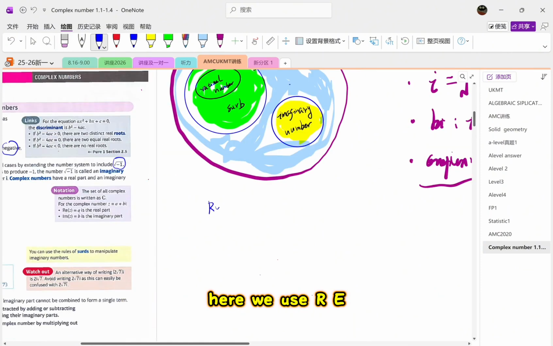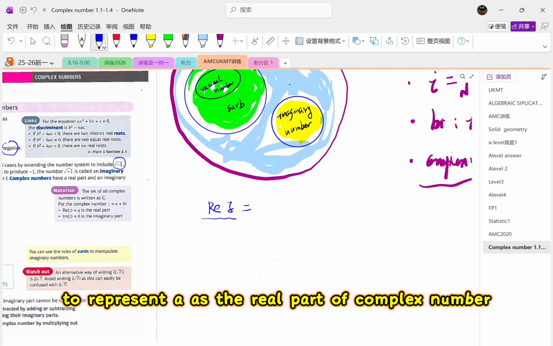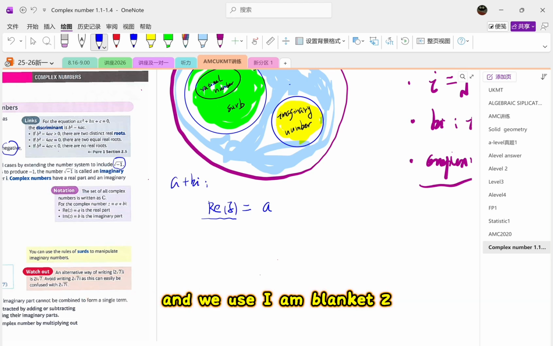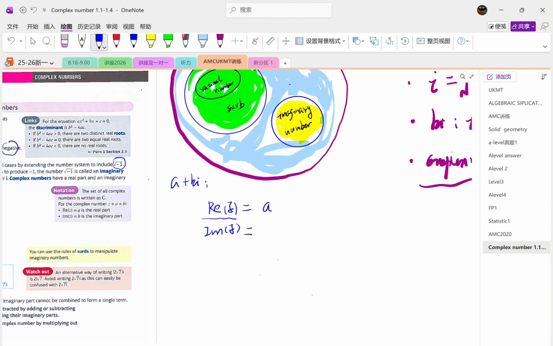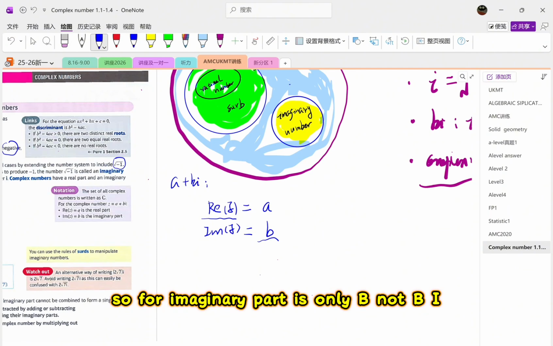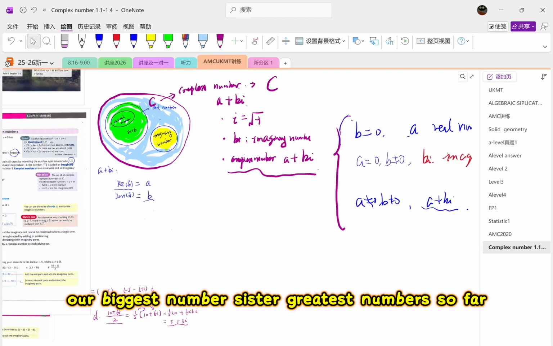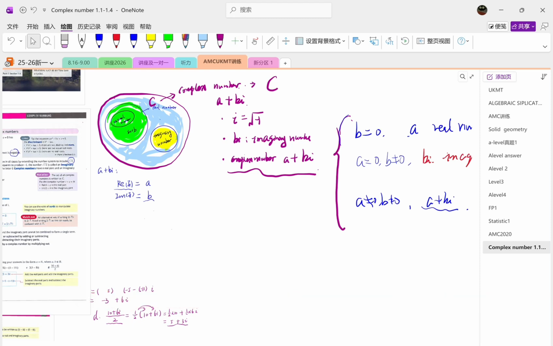We use Re(z) to represent a as the real part of the complex number, and we use Im(z) to represent b, the imaginary part. So for the imaginary part, it's only b, not bi. Our biggest number system so far is the complex numbers.